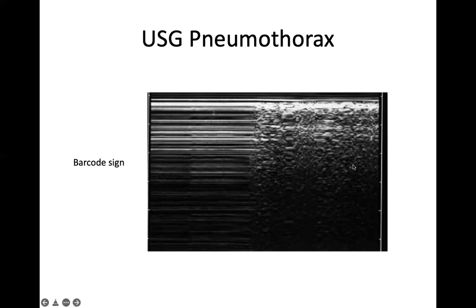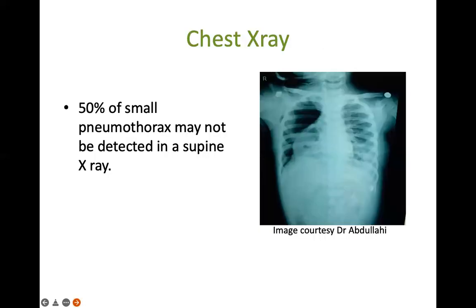So if there is asymmetry between the two sides, and in the same side you are able to show this transition zone, you are more sure that you're dealing with a pneumothorax. If time permits, definitely a chest X-ray can be taken. But a word of caution regarding chest X-ray: when you have a tension pneumothorax like this, the X-ray would definitely pick it up. But when you have a small pneumothorax, that is your lung is very bad and it has just started leaking, and that is the reason why you are having a progressive desaturation, sometimes your X-ray may not pick it up.